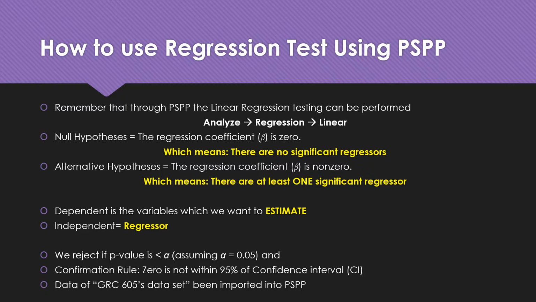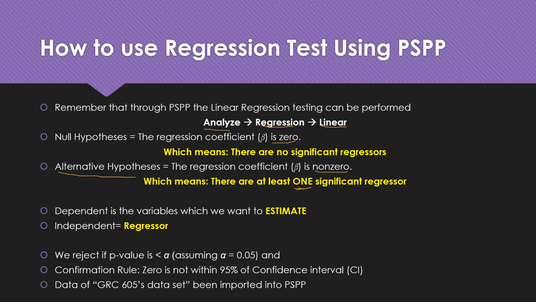We have to remember how to access linear regression by going to Analyze, Regression, then selecting Linear. The null hypothesis is always that the p-value is equal to 0, which means there is no significant regression, while the alternative hypothesis is that the p-value is non-zero, which means we have at least one significant regression.